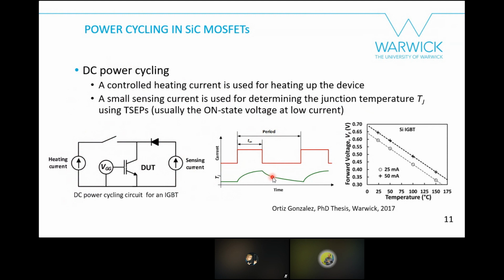So you monitor the cooling phase, and you have your delta T, you have your cycle. You just require a calibrated TSEP, and that's it. You are ready to stress your device and get your lifetime number of cycles to failure.